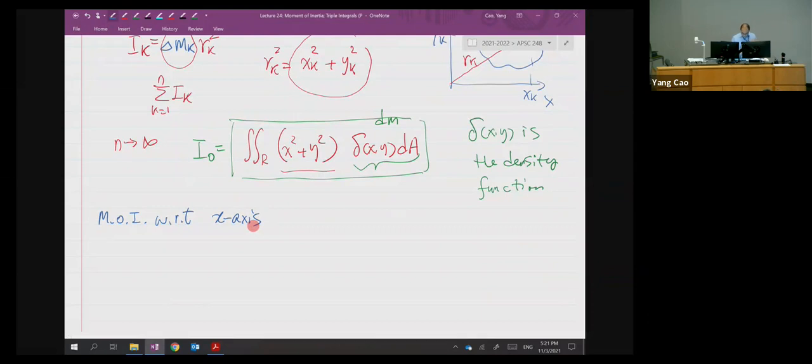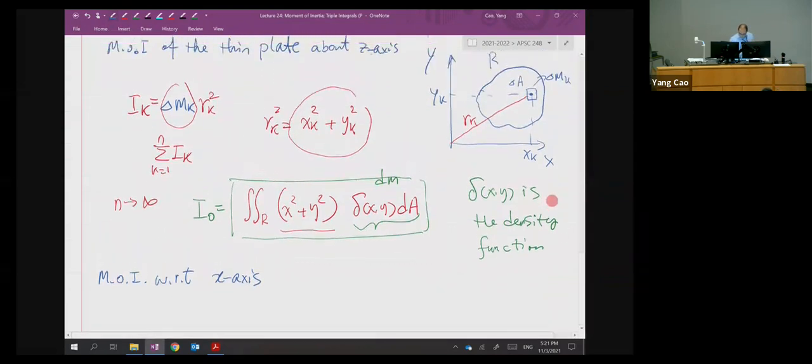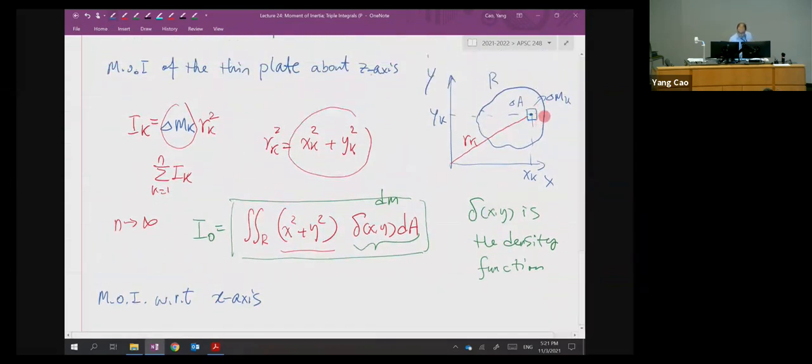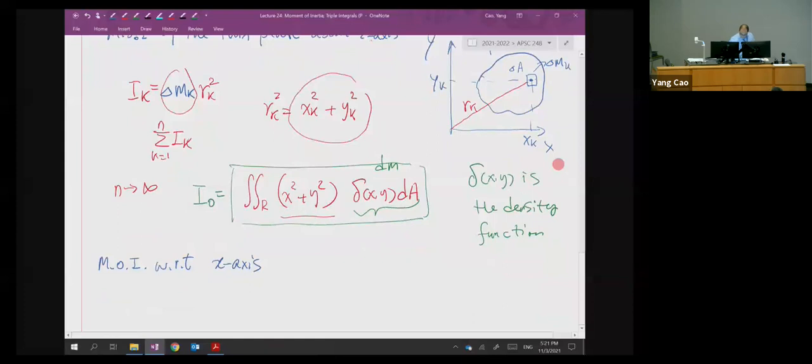Okay, so with respect to the x-axis basically means, this thin plate here, instead of rotating around the z-axis, now you're trying to rotate around the x-axis, right? And trying to get the moment inertia, right? So use the same idea, okay? Here needs to be the distance to that rotational axis.